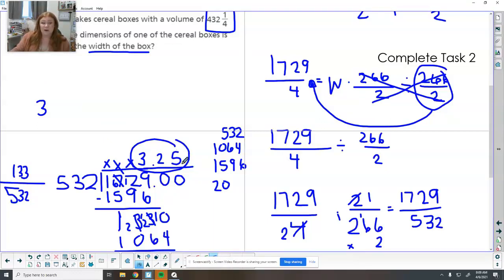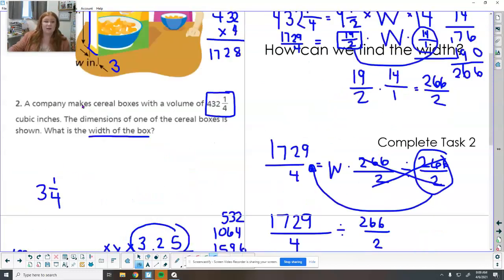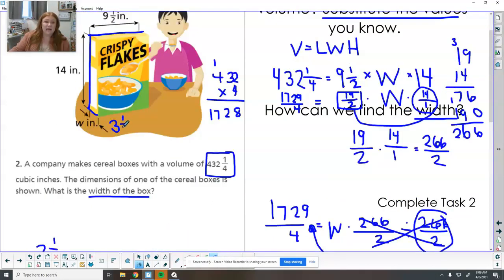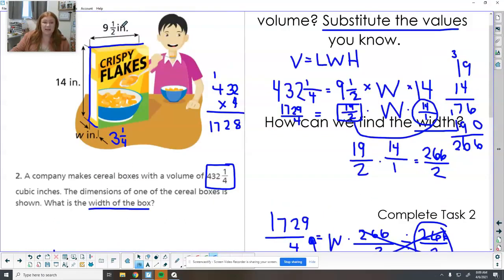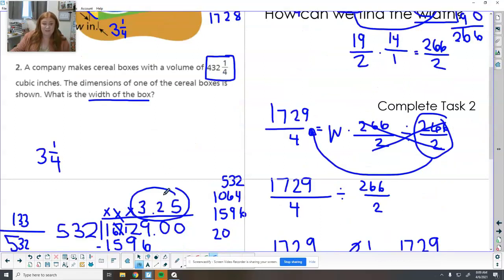I know when I have a quarter, that's 1 out of 4. So the width here is 3 1/4. Since it gave it in fractions, we want to give it back in fractions. We can use that decimal though, right? 25 out of 100, because this is in the hundredths place, equals 1/4.